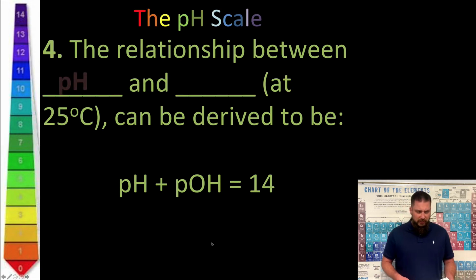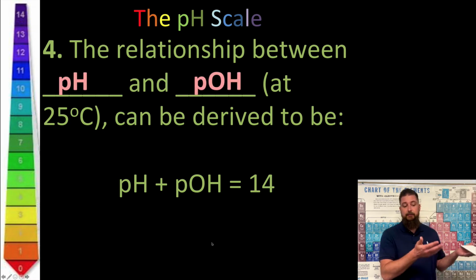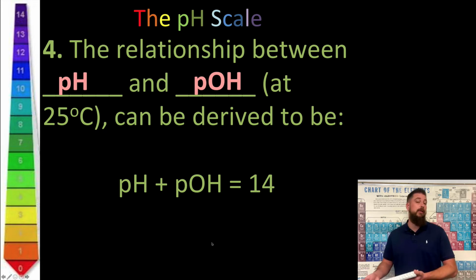Now, the relationship between pH and pOH can be defined as pH plus pOH is equal to 14. This is actually derived from the Kw expression, and I'll show you in class how. Essentially, if we have, for example, a pH of 3, that means we have a pOH of 11.